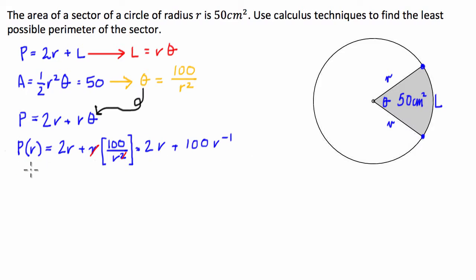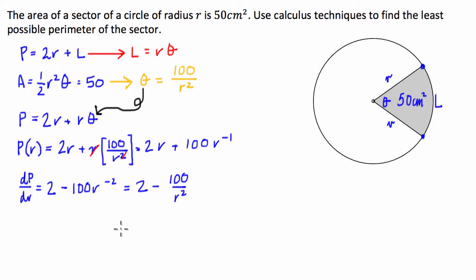What I'm going to do is differentiate this function. So I get dP/dr, which is equal to 2 minus 100 r to the -2, which we can leave with positive indices by writing 2 minus 100 on r squared.